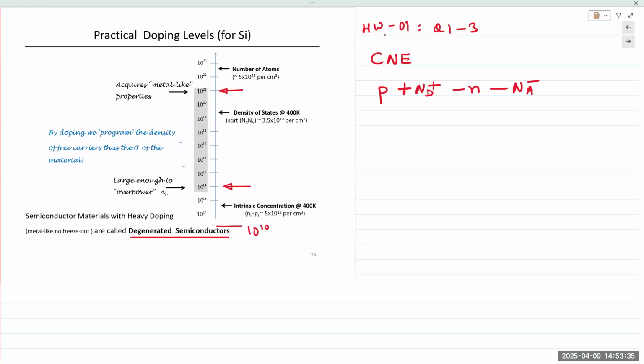And so if P plus ND is equal to N plus NA, then this should equal 0. This is the charge neutrality equation that was given in that problem.